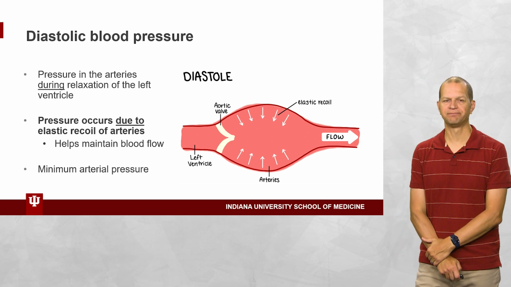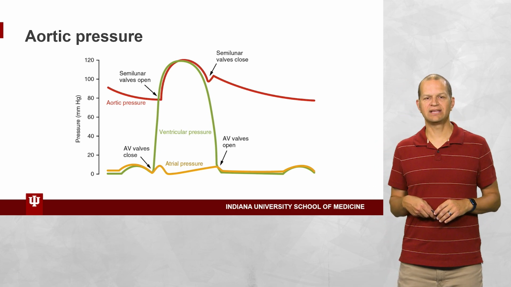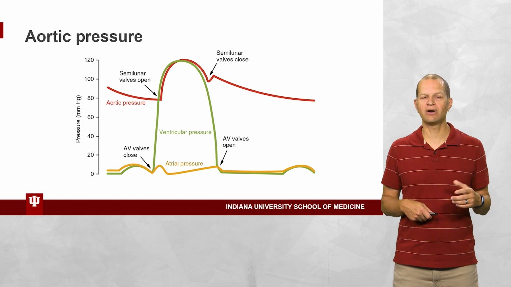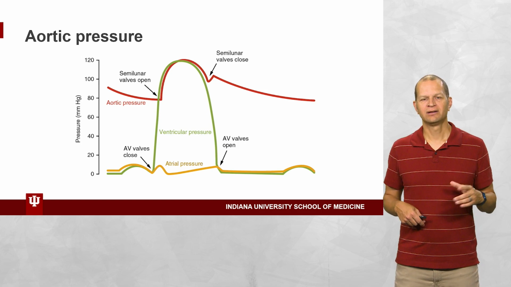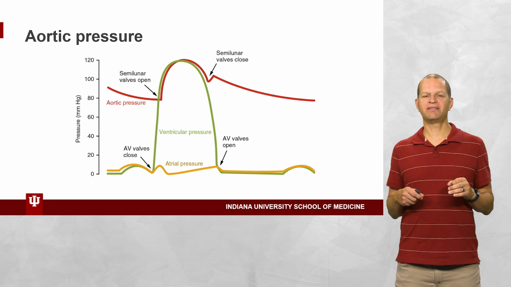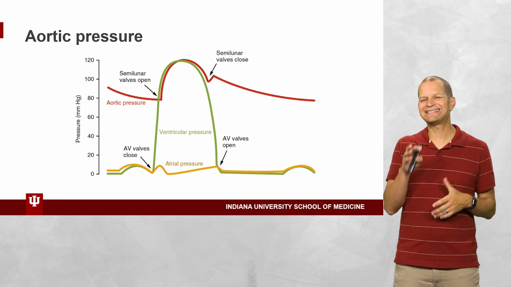This is the 80. Here we've got the Wiggers diagram, and as you can see, that red line is aortic pressure, and then the green line, and I know those are not the best colors, is ventricular pressure. Notice that ventricular pressure barely exceeds aortic pressure.